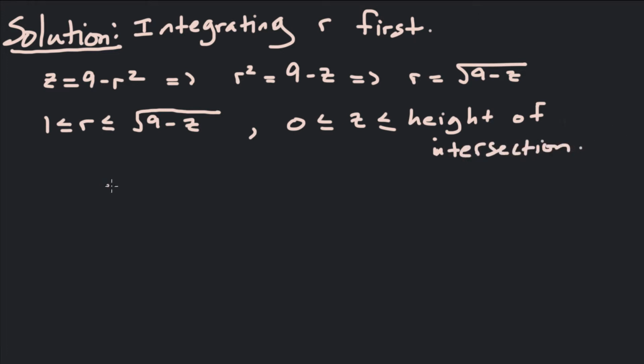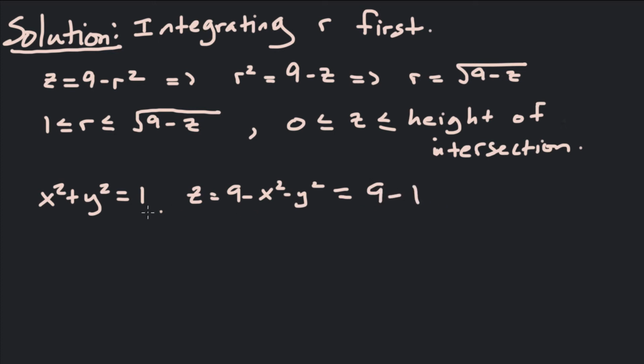So where does the cylinder intersect the paraboloid? Well, that's when x squared plus y squared equals 1 intersects z equals 9 minus x squared minus y squared. Well, that would just be 9 minus 1. If we substitute this relationship x squared plus y squared into the paraboloid equation, we would just get 9 minus 1.